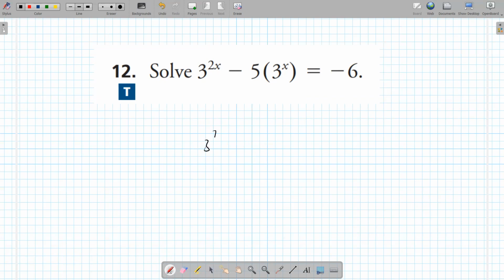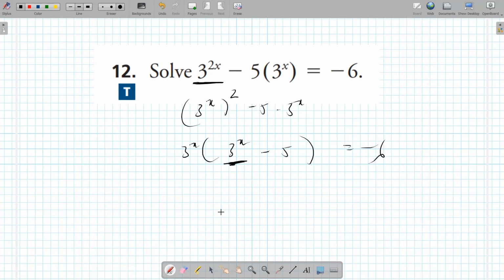Last time we had it in this form where we could break it down and take out the 3 to the x. That made things easier. But here we can't really break this down into anything. I guess you could write this as 3x squared. But even if you were to do that, and you were to take out a 3 to the x, you'll see that you still have a 3 to the x inside. So that's not the approach here. You can't break it down.